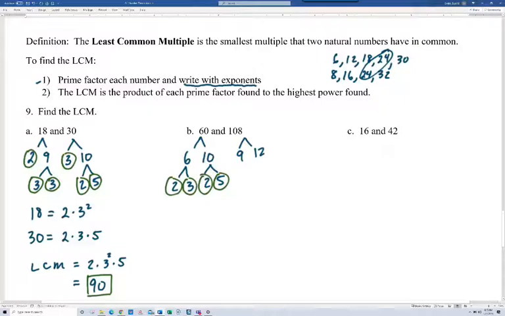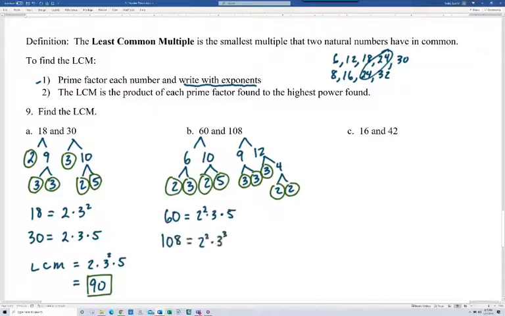You may have started with 2 and 54, and that'll work just fine. So 9 we can break down into 3 times 3, and those are both prime. 12 we can break down into 3 times 4. The 3 is prime, and 4 is 2 times 2, which are both prime. So we can write 60 as 2 squared times 3 times 5. 108 is 2 squared times 3 cubed.